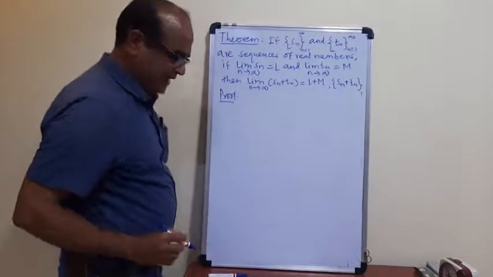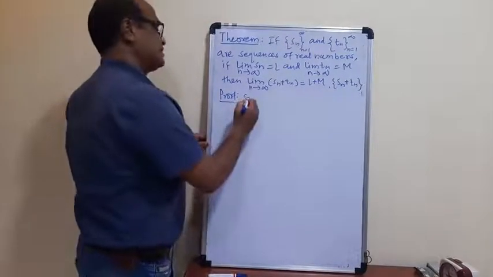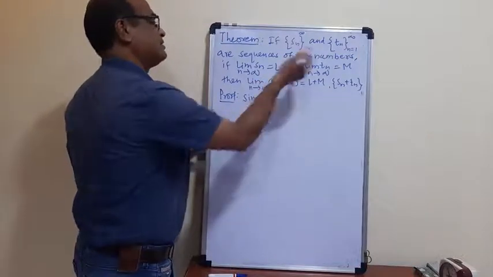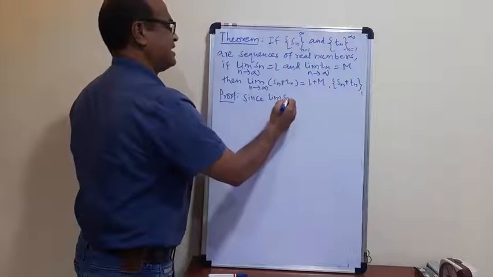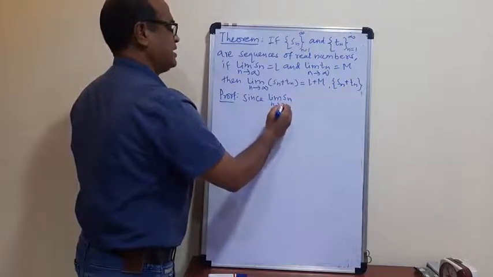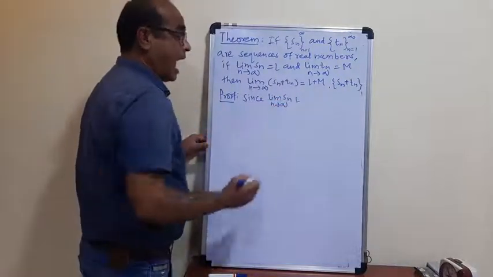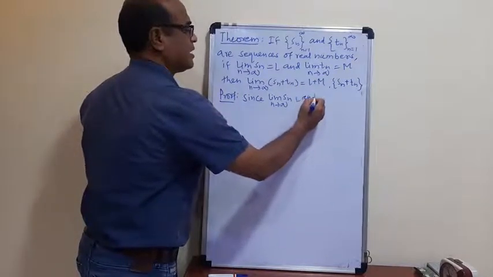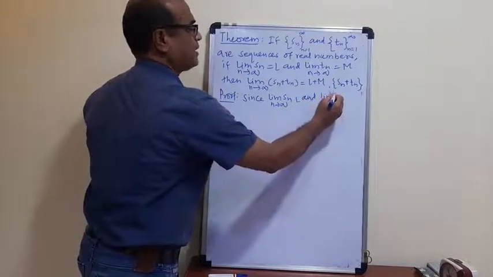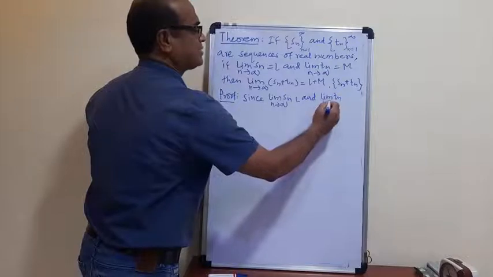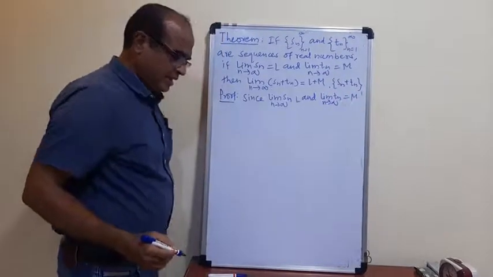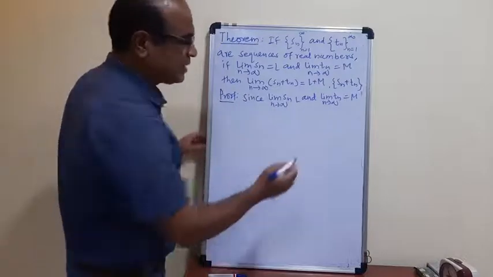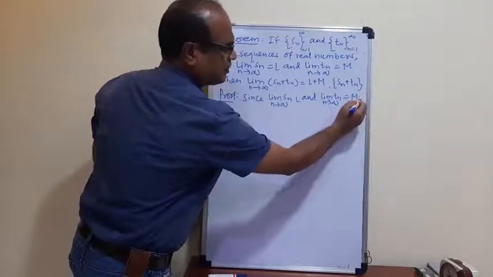So what is given here? Since the sequences are convergent, the limit of Sn as n tends to infinity is equal to L, and the limit of Tn as n tends to infinity is equal to m. Then what is the epsilon definition?